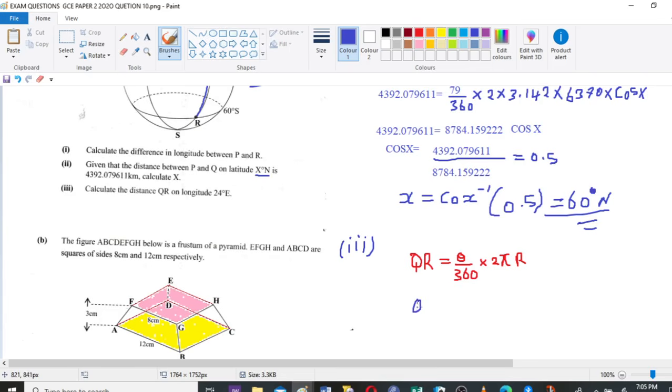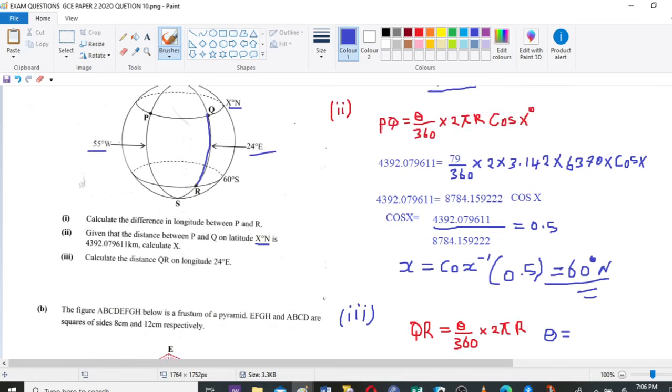Okay, so applying the formula and replacing there, QR is what you are still looking for. That's what you are calculating. Now to find our theta, how are we going to find our theta? Since we are calculating the distance along the longitude, the theta will be the difference in latitudes.